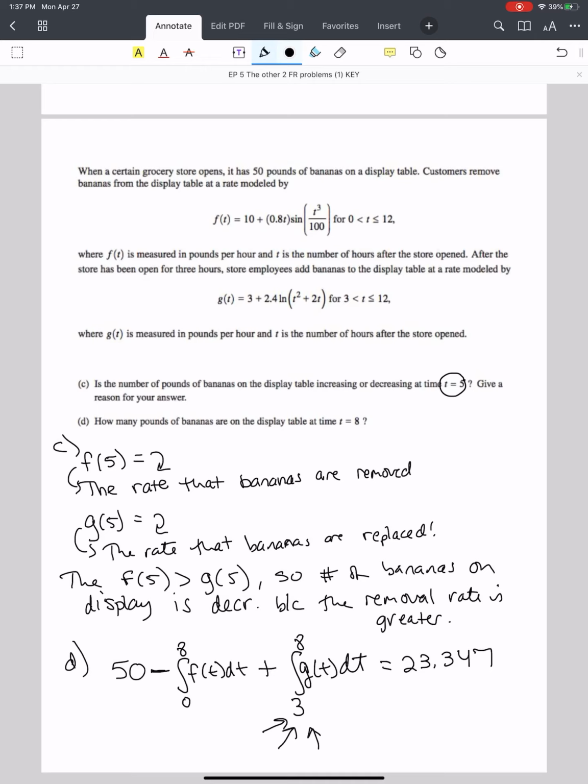So that's how many pounds of bananas on display at t equals 8. Okay, hopefully that is good for you.